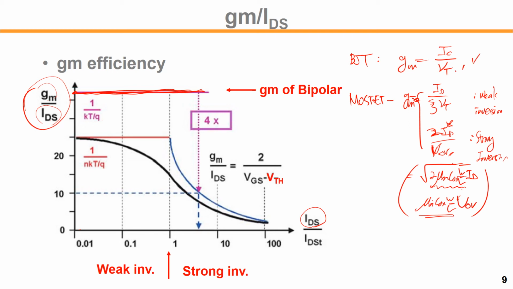For the MOSFET in the subthreshold region, we have this factor 1 over n, where n is greater than 1, so we get a slightly lower gm than the BJT.